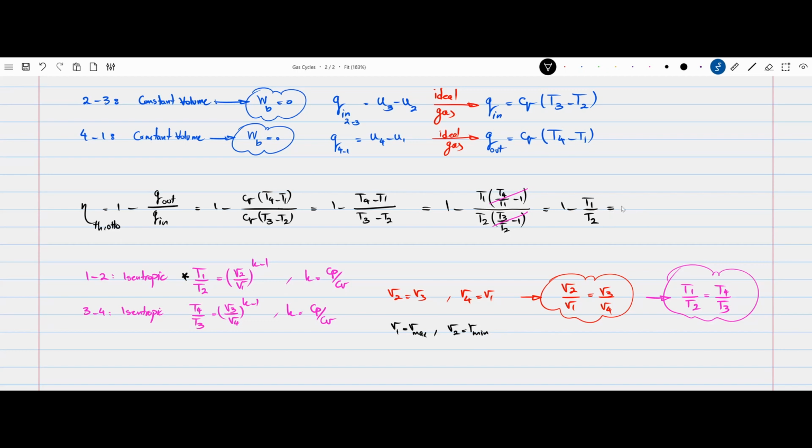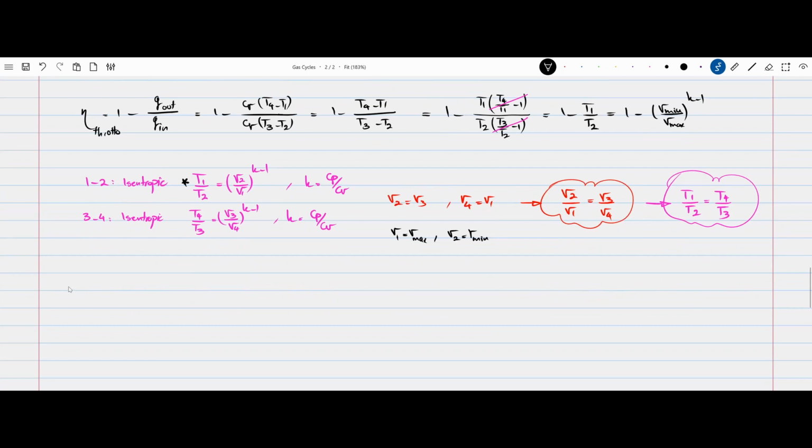One can say this is actually 1 minus (Vmin over Vmax) raised to K minus 1. Now let's continue with this down here. So I have the thermal efficiency of the Otto cycle is 1 minus (Vminimum over Vmaximum) raised to K minus 1.